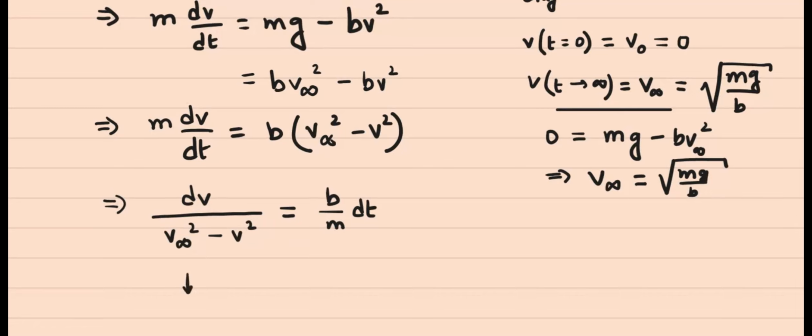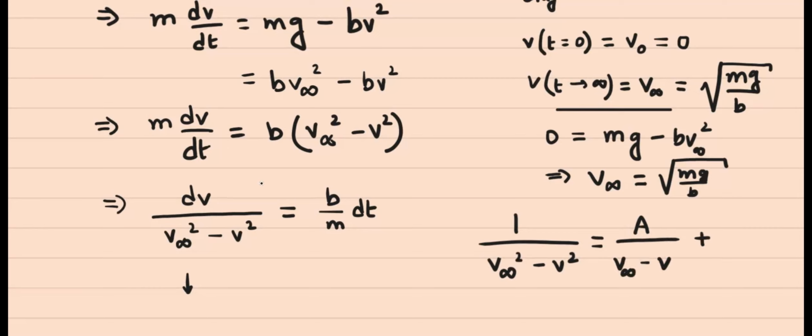So we can take this function and say that 1 over v infinity squared minus v squared can be written as some coefficient a divided by v infinity minus v plus b divided by v infinity plus v.